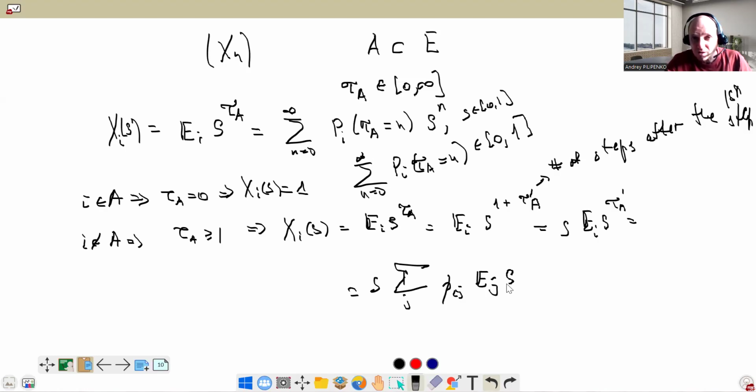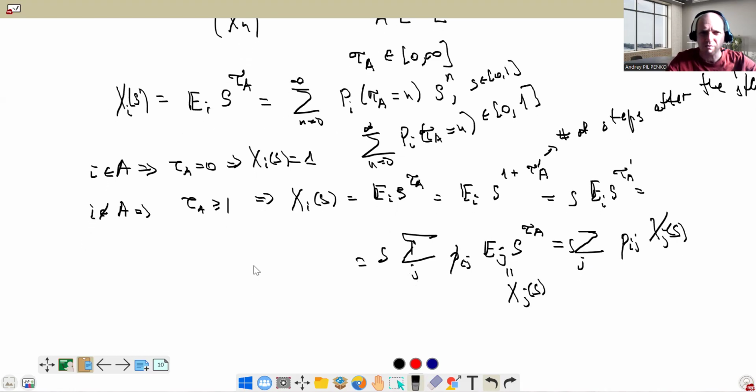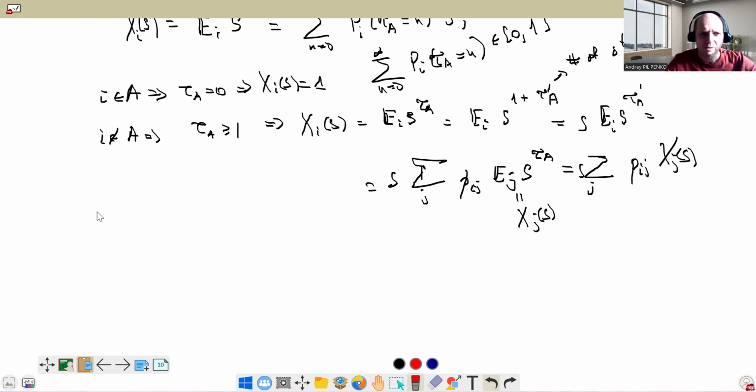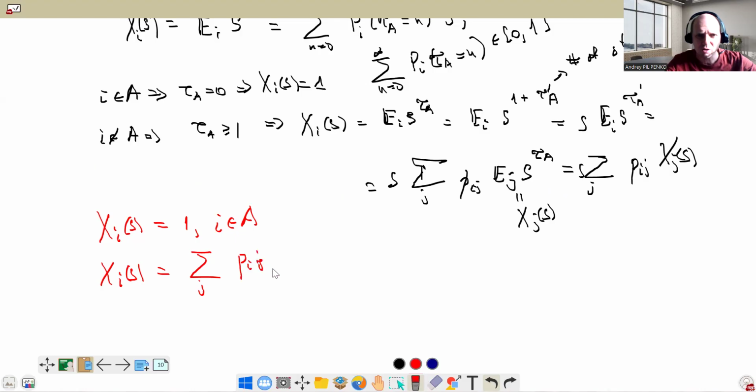You start from j, and you have to calculate this expectation. And what is this? This is xj of s. So the formula is s times the sum over all j of Pij xj of s. So let me write down the system. xi of s is 1 if i is in A, and xi of s is equal to the sum over j of Pij s xj of s.